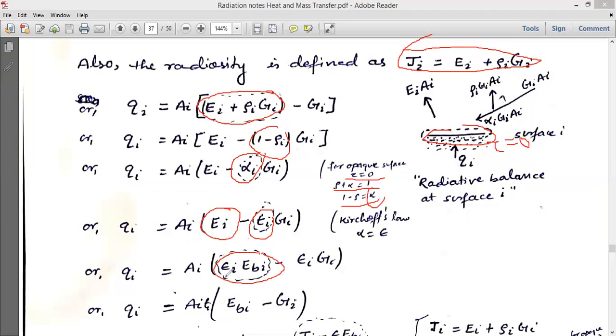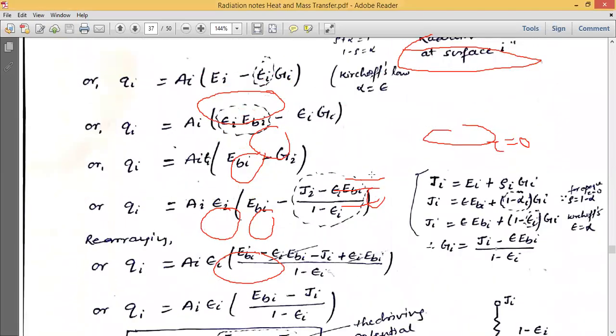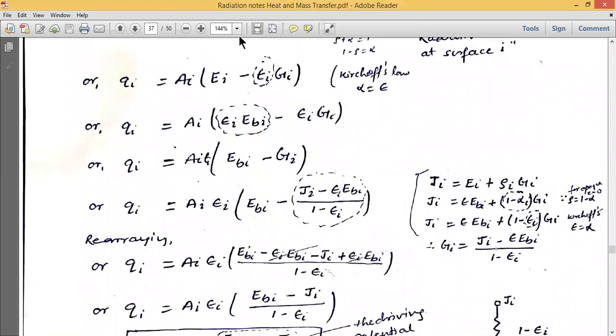That is from the definition of emissivity. We can take this epsilon out of the bracket, so it will become Ai epsilon i (Ebi minus Gi).